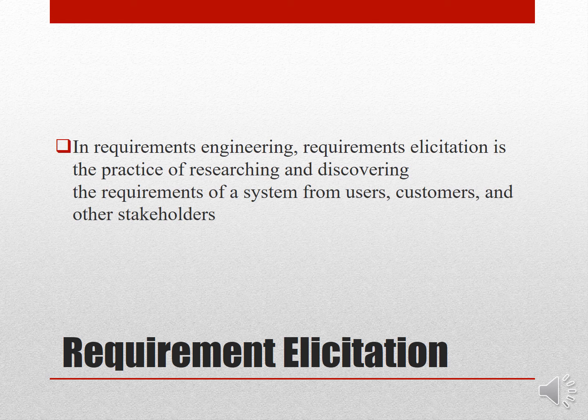So all these are different problems that may occur in understanding. Then the third one is problems of volatility. Because requirements change over time, you may face the problem of volatility. So all these are different difficulties that may occur in requirement elicitation.